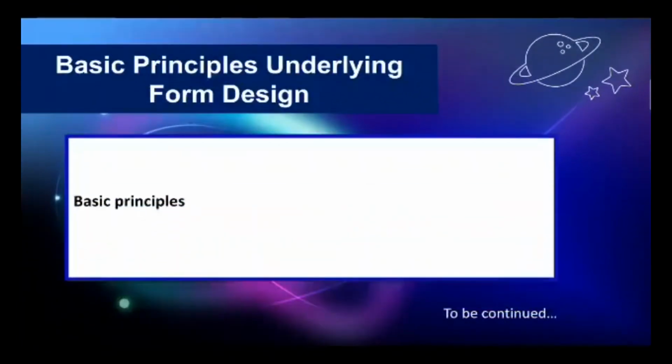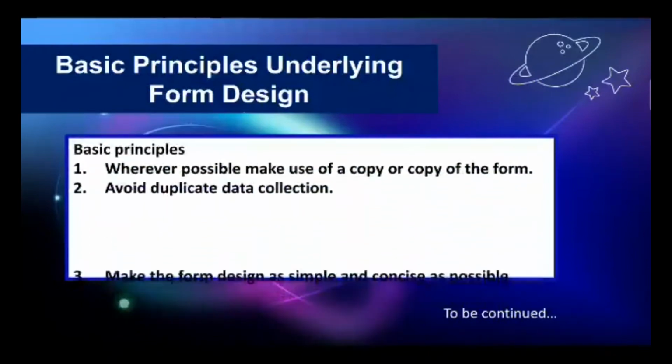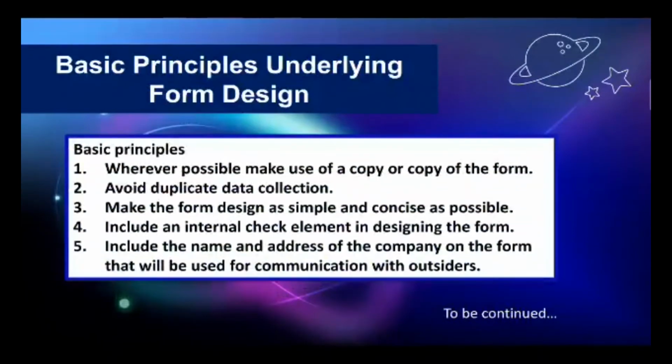And next is the basic principle underlying the design of a form. The basic principle is, wherever possible, make use of copies of the form. So you have to understand how many copies you need for the form.